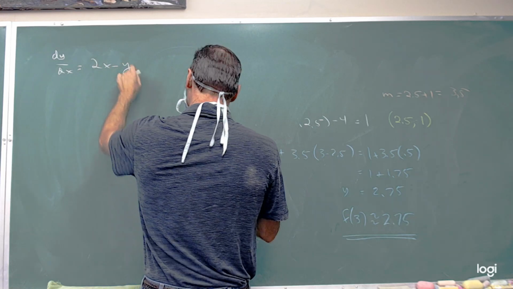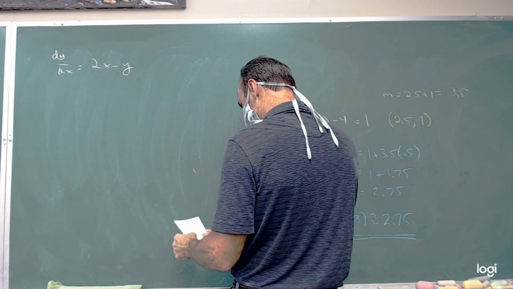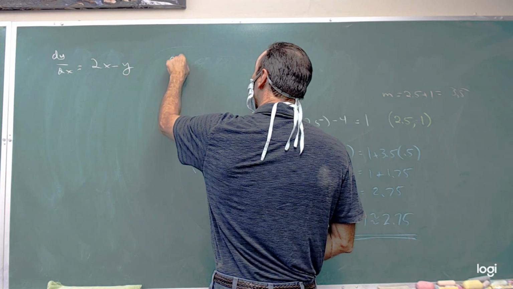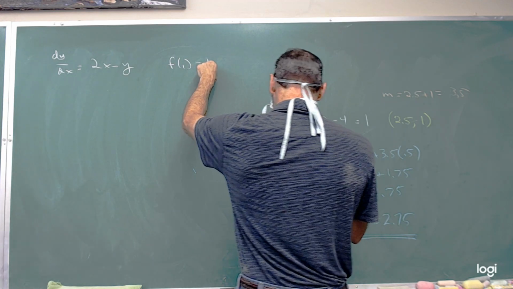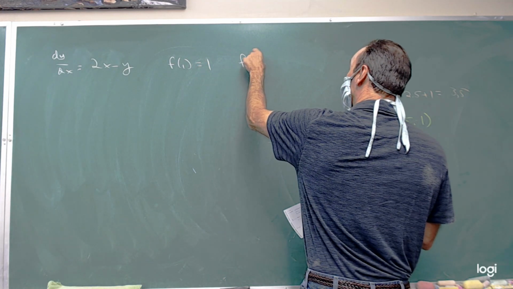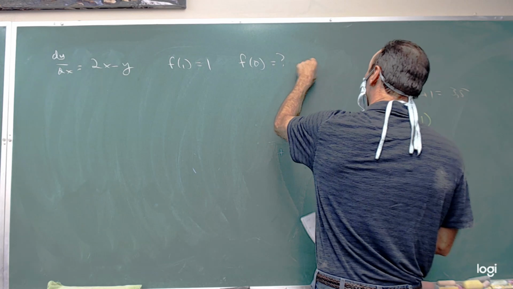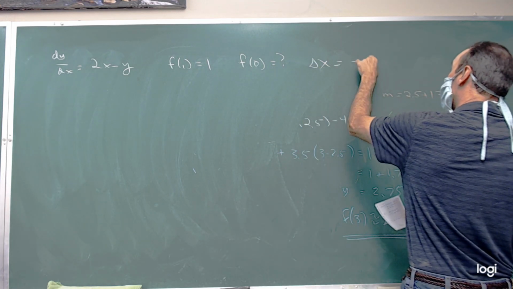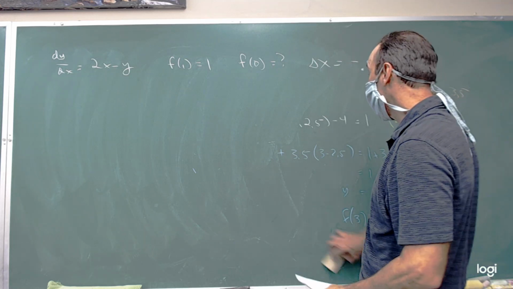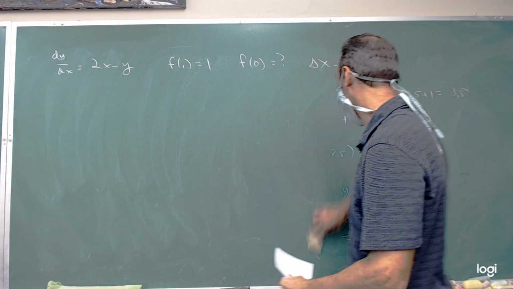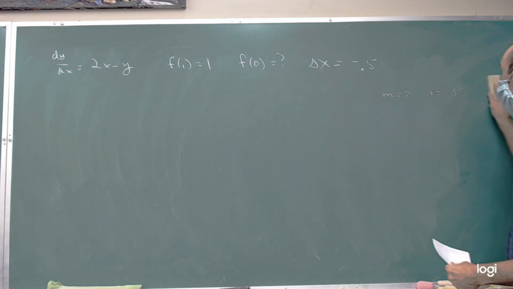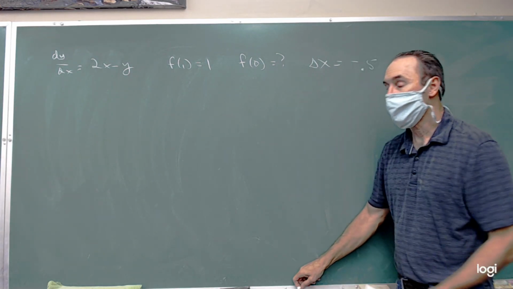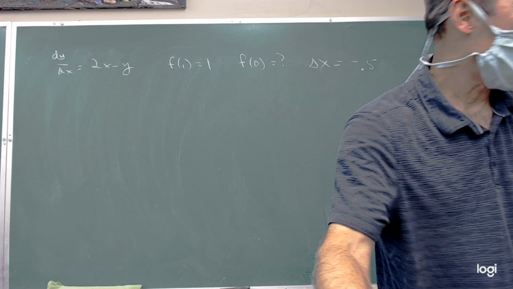There's our differential equation. We're going to say that f of 1 is our initial condition. We are going to try to approximate f of 0, and our delta x is going to be a negative 0.5. So we can go either direction. That's kind of the point of this. So we're going to start at our initial condition here, and we're going to work our way from right to left.